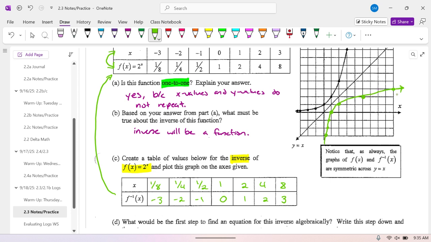So our function will look something like this. And this would be the inverse of f of x. So we don't know what that function is yet. We just know that it's the inverse of 2 raised to the x power.